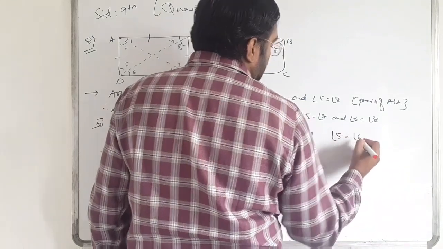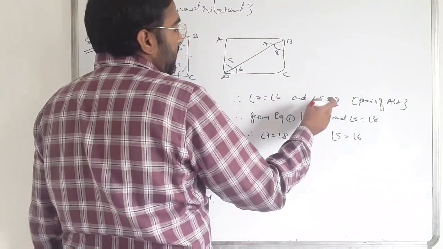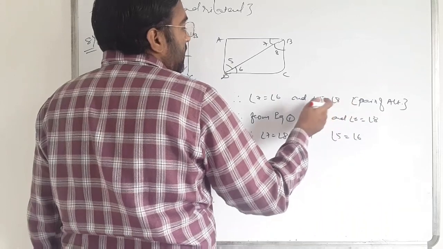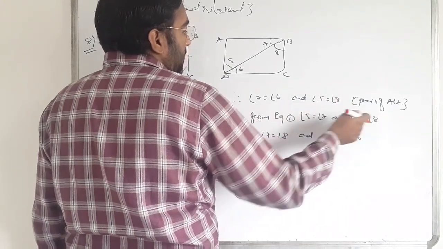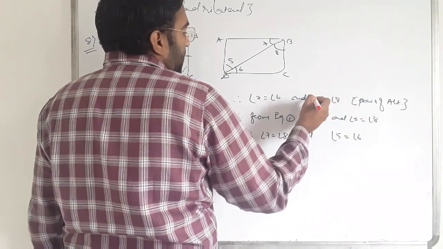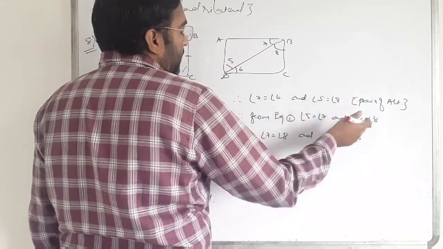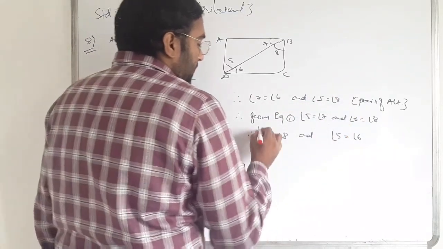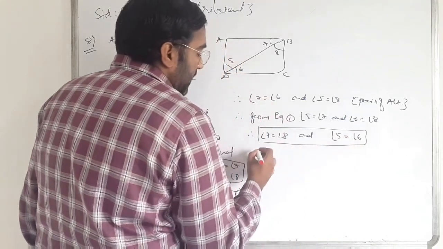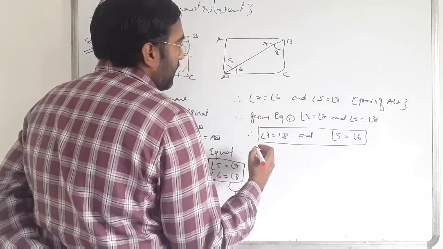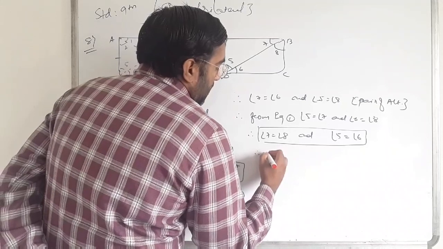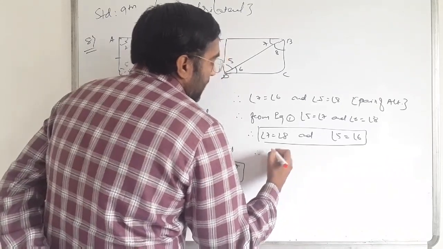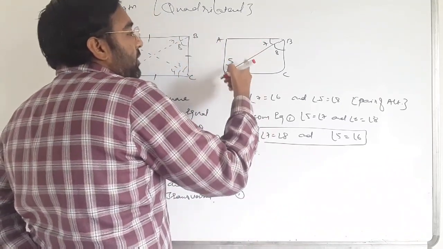Also 5 is equal to 8 and 6 is equal to 8, so 5 and 6 both are equal. So 7 equal to 8 and 5 equal to 6.